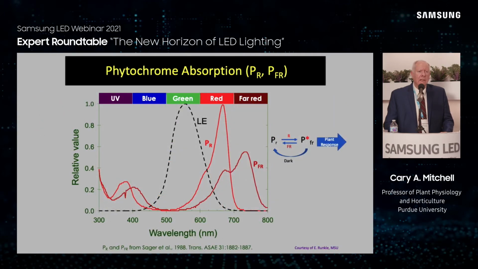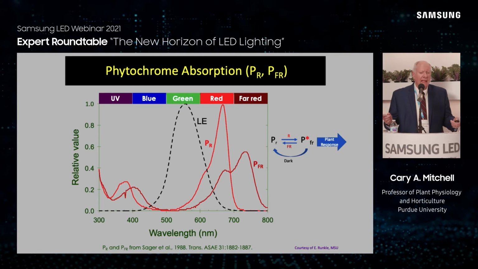All right, now here is the very important reversible phytochrome pigment system. The PR, the inactive form of phytochrome, maximally absorbs red light around 663 nanometers, and then the PFR form, which is actually the physiologically active form of phytochrome, maximally absorbs around 730 nanometers.